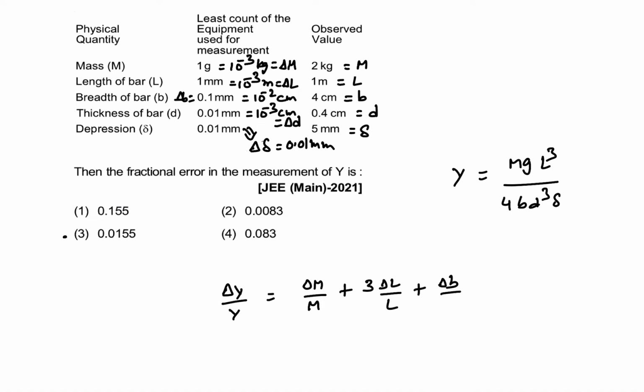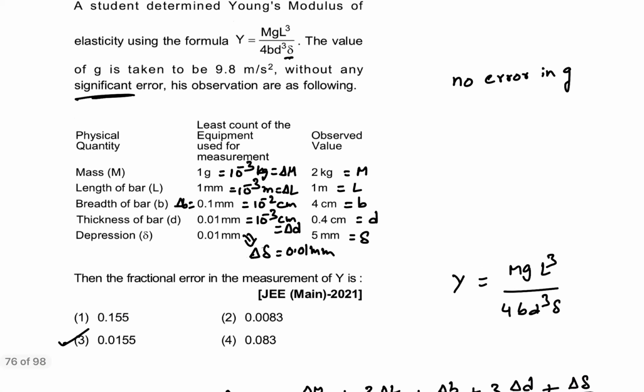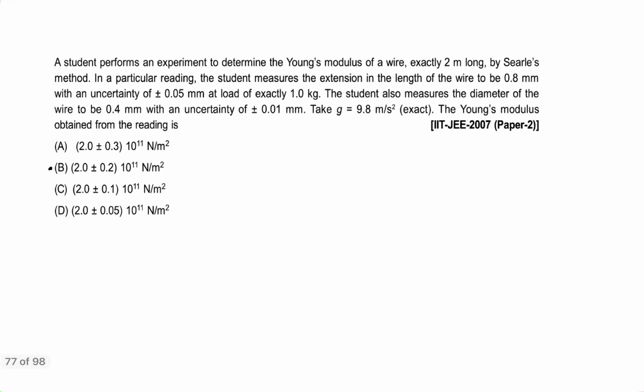It is delta m divided by m, plus, g is not having any error, 3 into delta L divided by L, plus delta B divided by B, plus 3 into delta D divided by D, plus delta divided by delta. You substitute all the values whatever they have given, and you will get the answer 0.0155. You can try this, how to calculate it. Don't leave it, try it.